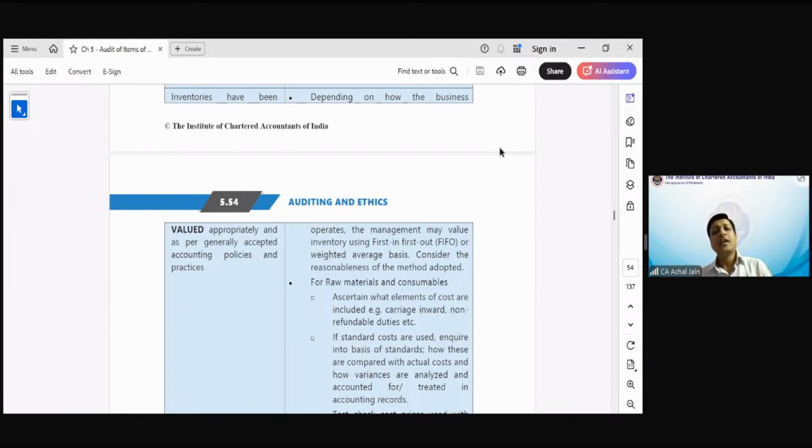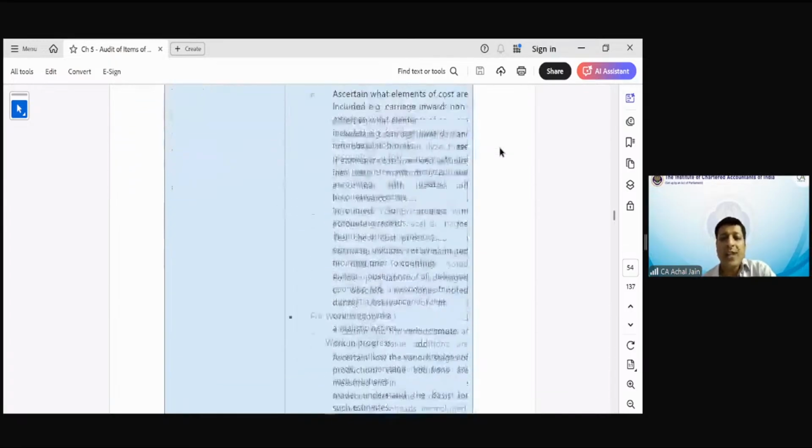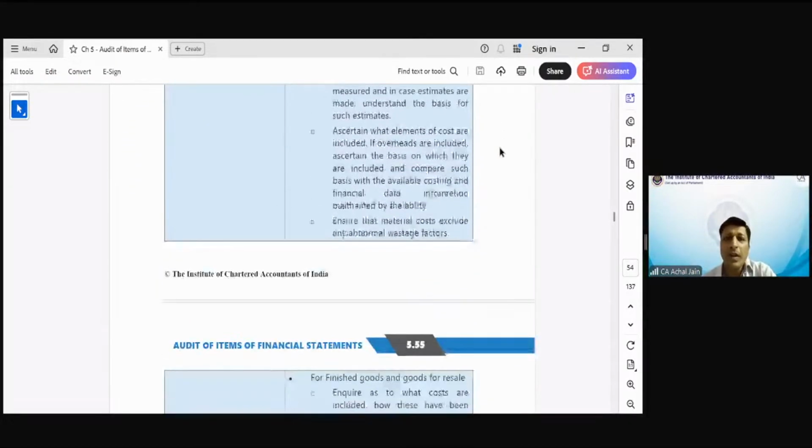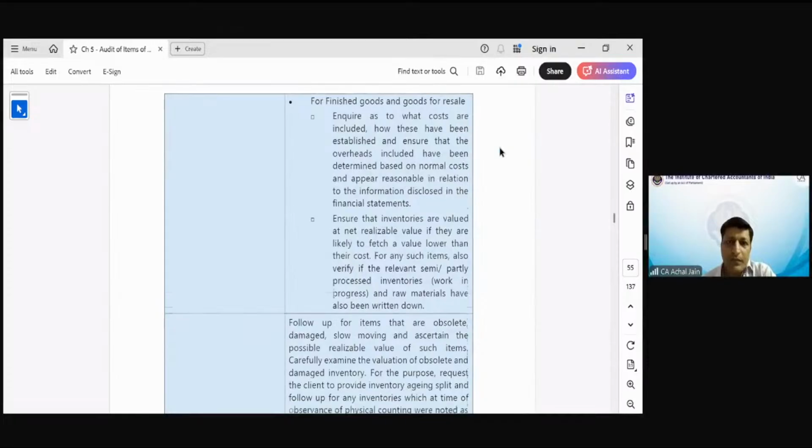That's why the auditor generally focuses a lot on the valuation part. One is the cost components, then the basis of valuation, and then the cost or NRV comparison. All of these aspects are required to be looked at. Okay.